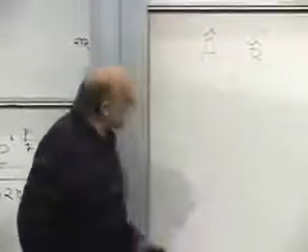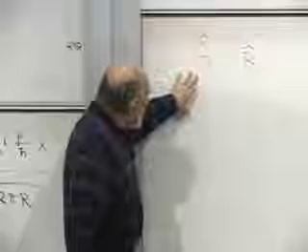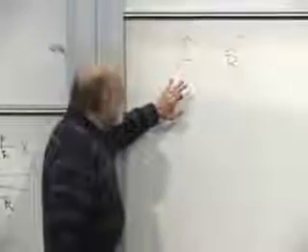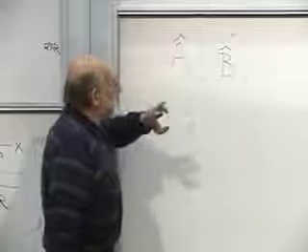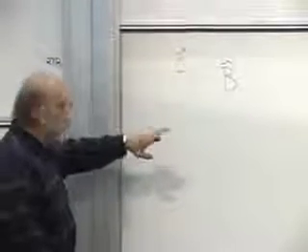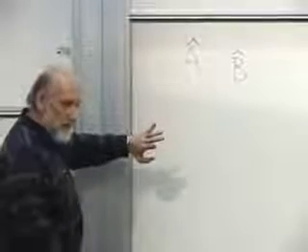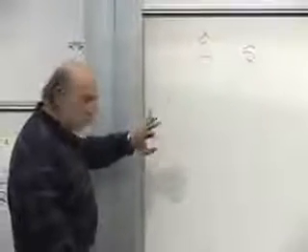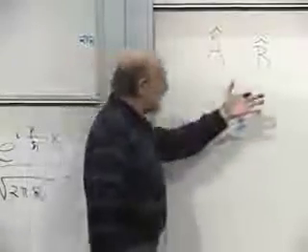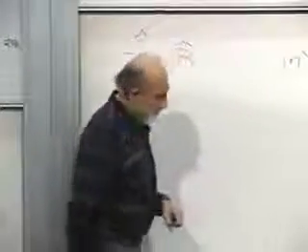So if we have a complete set of eigenvectors which are simultaneously eigenvectors of A and of B, then A and B are compatible, and they can both be known by simply putting the system into one of these combined eigenstates.